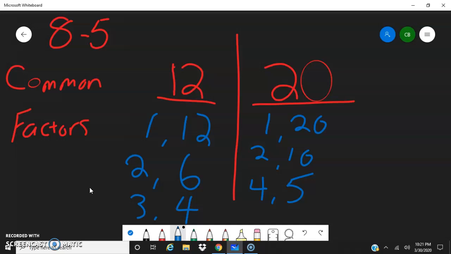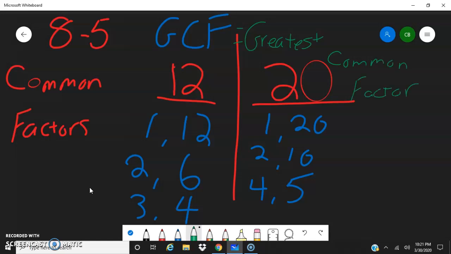So if we want to find the GCF, which stands for greatest common factor, we're wanting to find the GCF of all these expressions.